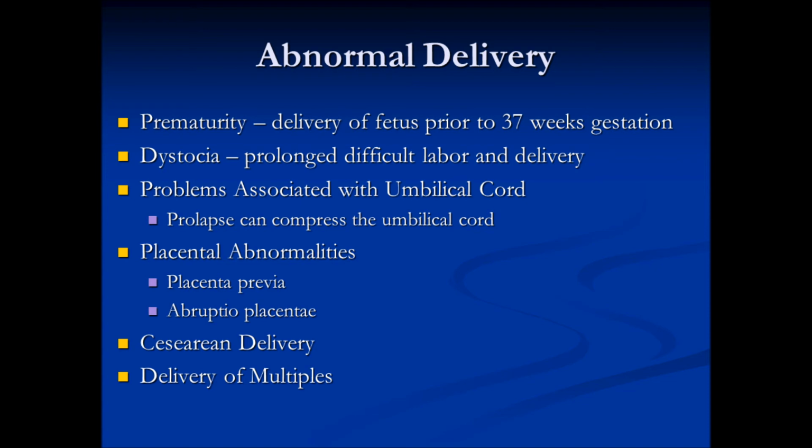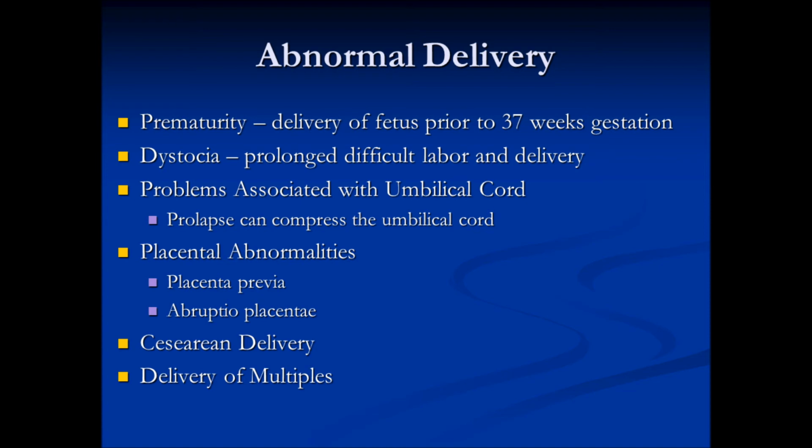Other complications include TTN, transient tachypnea of the newborn. This syndrome, which we'll talk more in depth about later, is thought to be caused by the retention of lung fluids, normally expelled as the fetus is squeezed through the birth canal. So if you do a cesarean, there is no delivery through the birth canal, even though they've done some things to make that better, but we'll talk about that later.